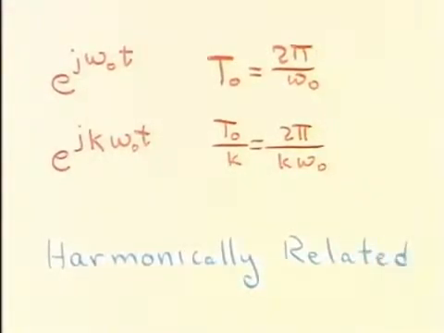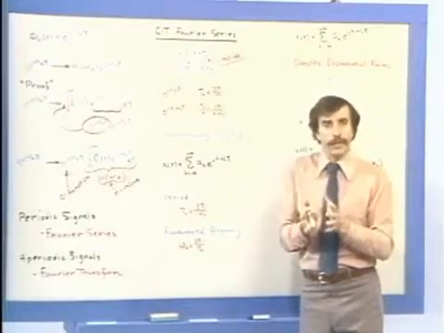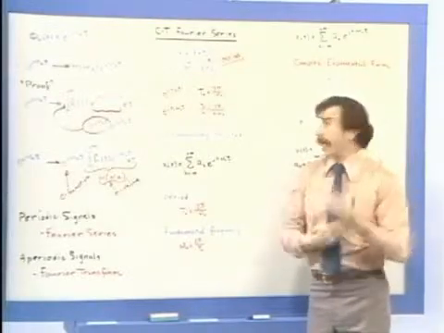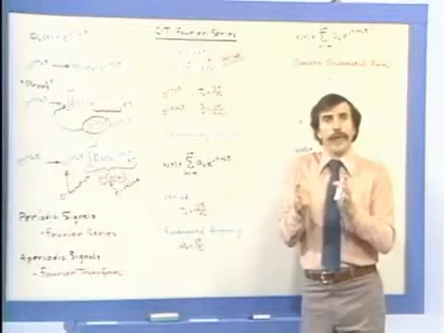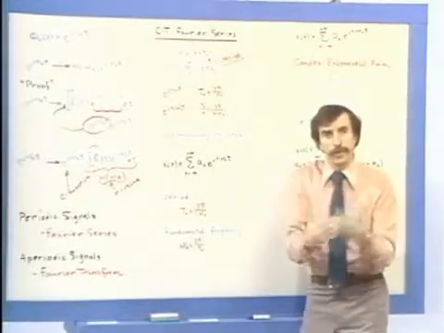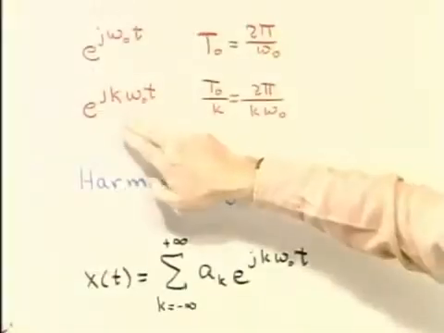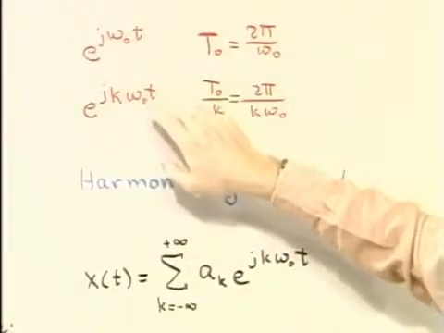Now, that's the complex exponential which has t0 as the fundamental period, but there are harmonically related complex exponentials that also have t0 as a period, although in fact their fundamental period is shorter. So we can also look at complex exponentials of the form e to the jk omega 0 t.